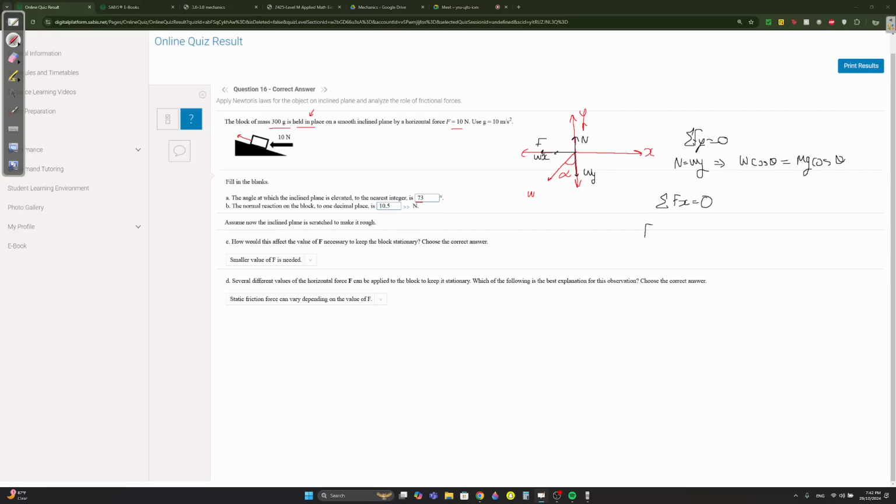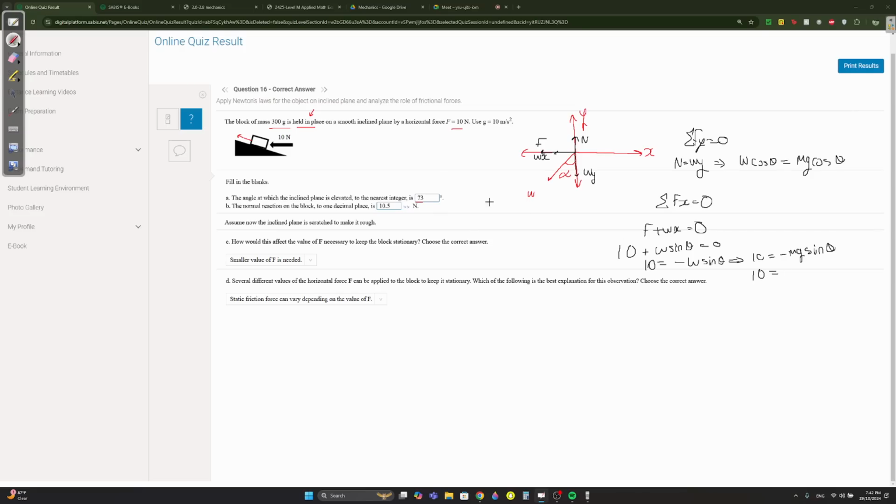So that means F plus Wx is equal to 0. What's my F? It's 10. What's my Wx? It's W sine theta. That means 10 is equal to minus W sine theta. What is W? mg. So 10 equals minus mg sine theta.